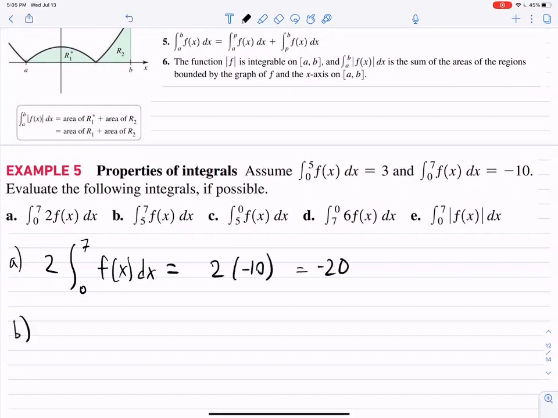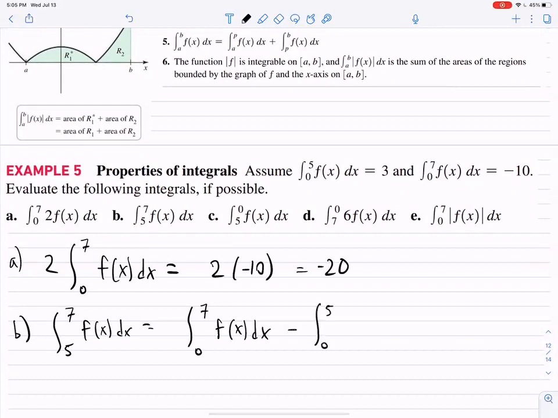For part B, the integral from 5 to 7 of f of x dx. Well, that's the integral from 0 to 7 of f of x dx, and then minus the integral from 0 to 5 of f of x dx. Because if you do the whole thing and then subtract off the first 5, what you're left with is from 5 to 7.